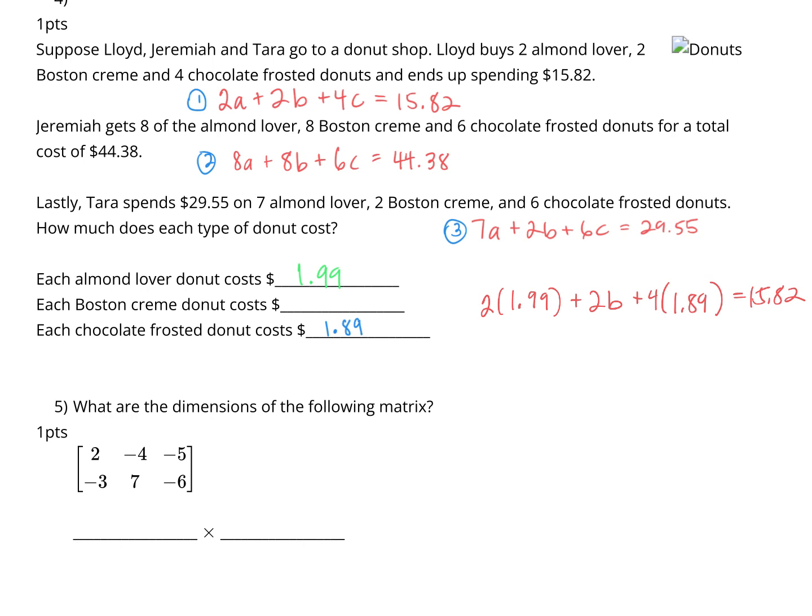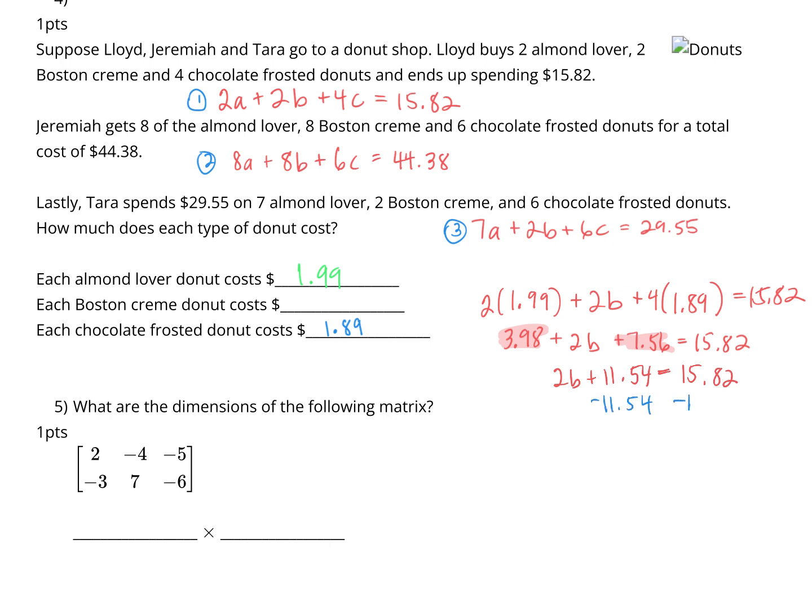So 2 times 199 is 398, and 4 times 189 is equal to 756. Okay, I've got like terms, so 398 plus 756, I can add those together. 1154. So 2B plus 1154 is equal to 1582.